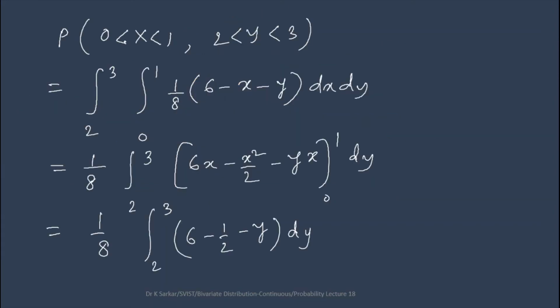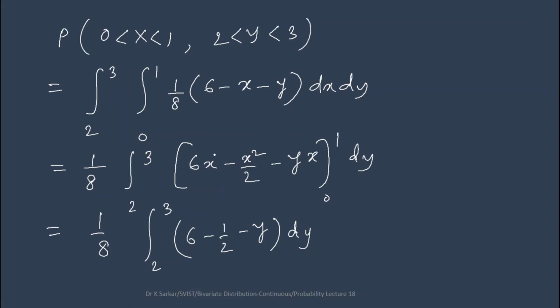Now the probability for x less than 1 greater than 0, y less than 3 greater than 2 is the integration from 2 to 3, integration from 0 to 1, of 1 by 8 times (6 minus x minus y) dx dy. Let us first do the integration with respect to x: 6x minus x square by 2 minus yx, and limits are 0 to 1.